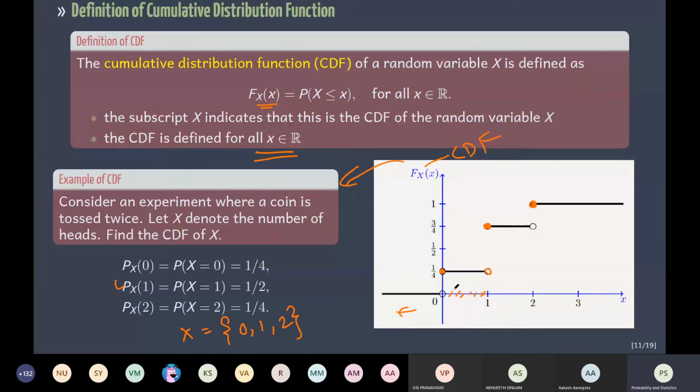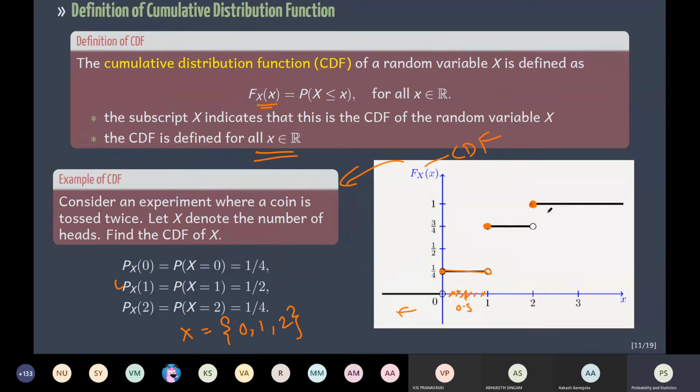In other words, between these values of x, let us say 0.5, some point here, the CDF of 0.5 will be the probability that X is less than or equal to half. Okay, it doesn't make sense from the experiment point of view, but the probability of getting less than or equal to half number of heads is the same thing as the probability of getting zero heads. Okay, because it will keep taking these values until here.